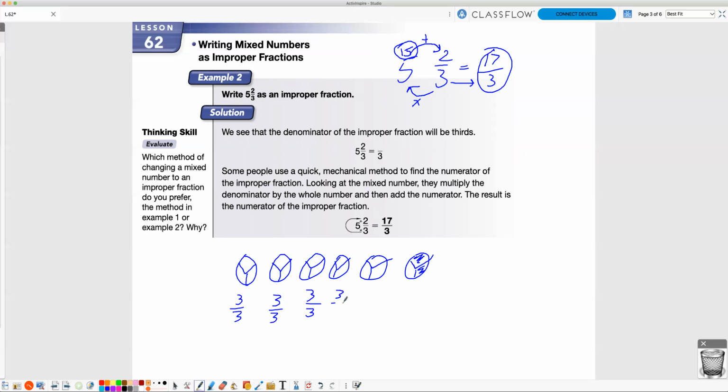This was the example 1 method, 3/3, 3/3, and this would be 2/3. You'd add all those together and end up with 3, 6, 9, 12, 15, 17 in the numerator, and the denominator just stays the same when you're adding and subtracting fractions. So 17/3, this would be like example 1. Example 2 is a mechanical way, just multiplying 3 times 5 equaling 15 plus 2 makes 17.